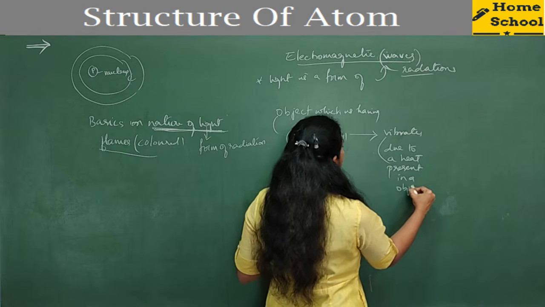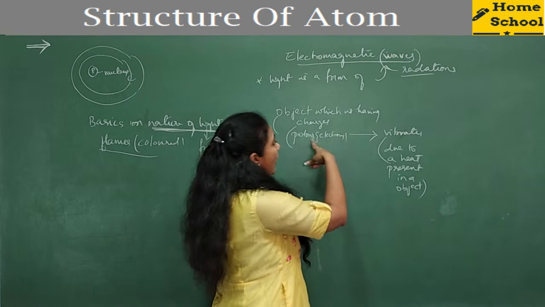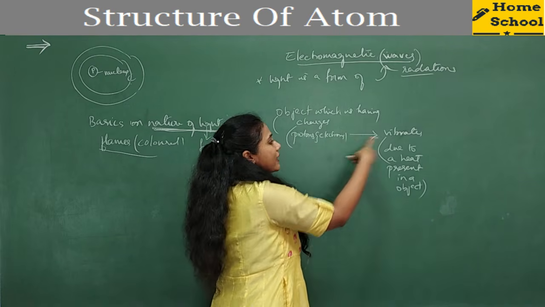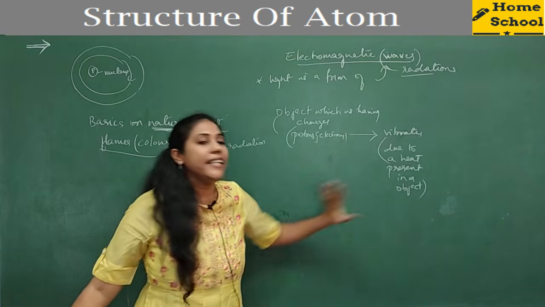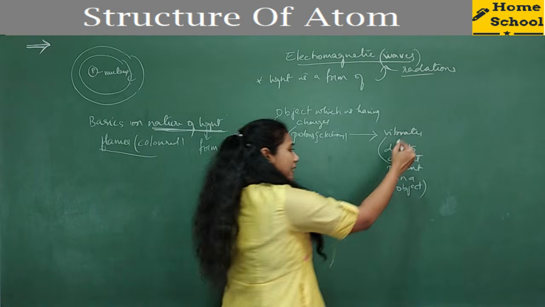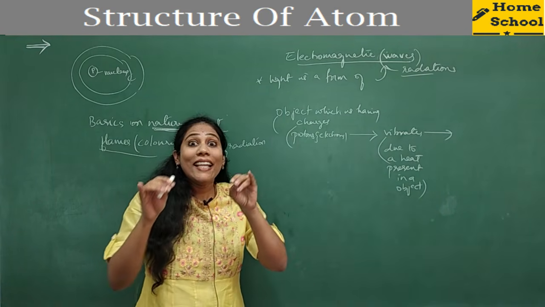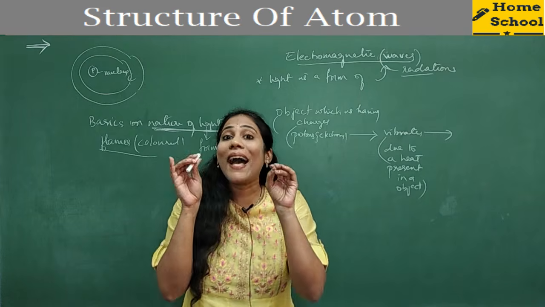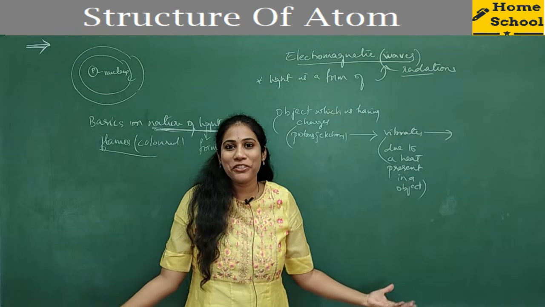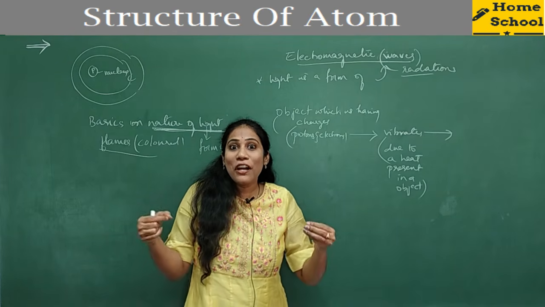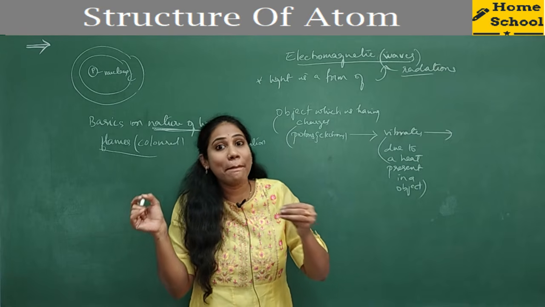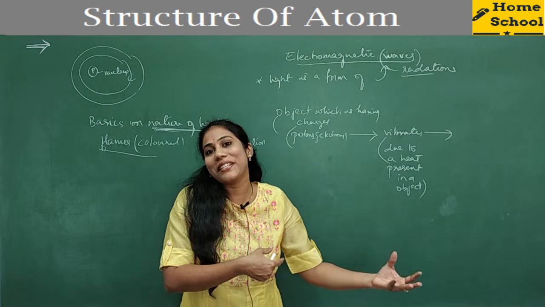Got to know? So you know why these charged particles vibrate. It's because of the heat present. So when they vibrate, what happens? Electric field and magnetic fields are produced. A certain level of electricity and magnetism is getting produced, guys.